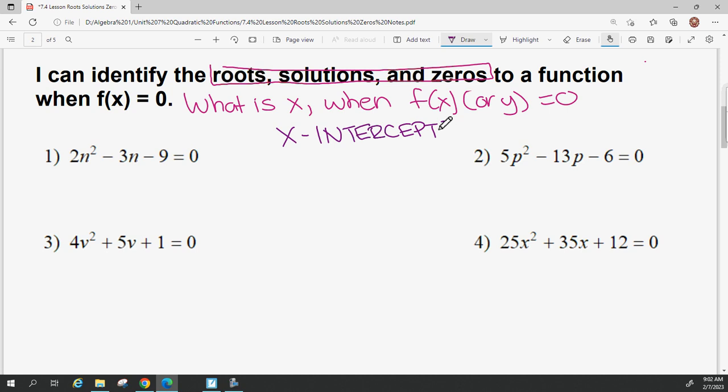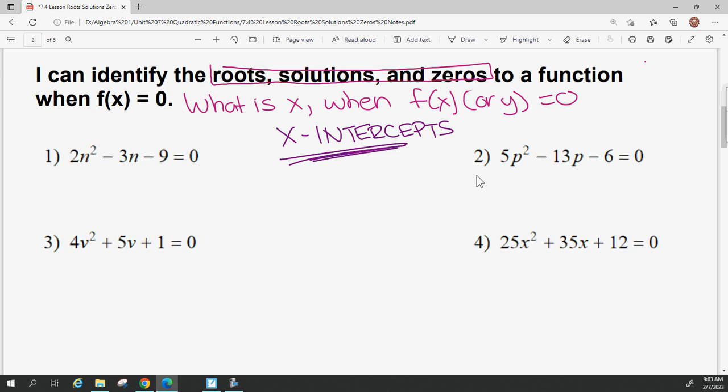And we have been looking at our x-intercepts now for several lessons. We identified them in our original lesson, and then in the last lesson, when we were factoring our quadratics, we had to use our x-intercepts. These x-intercepts are things we're going to look for a lot.